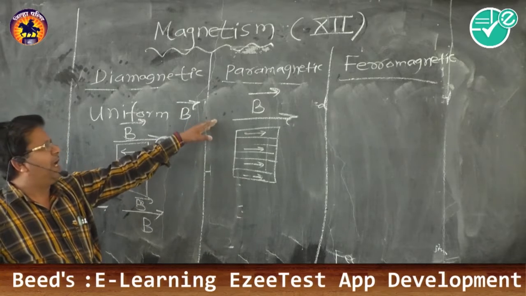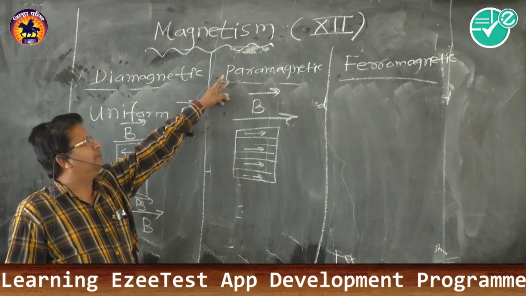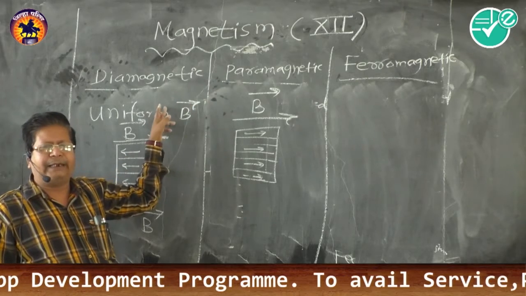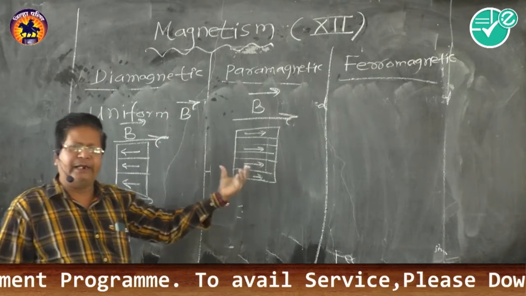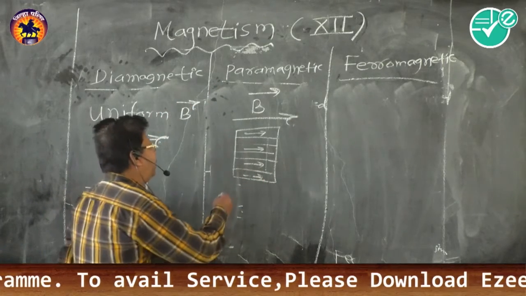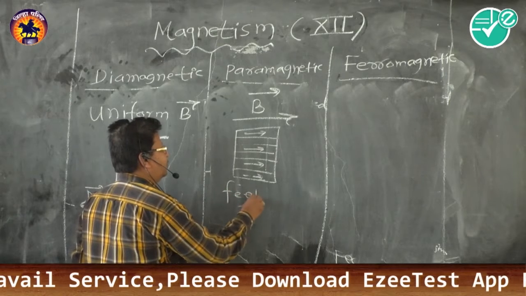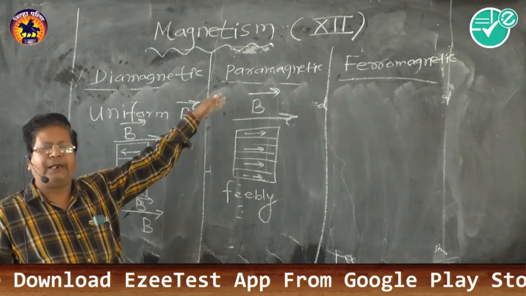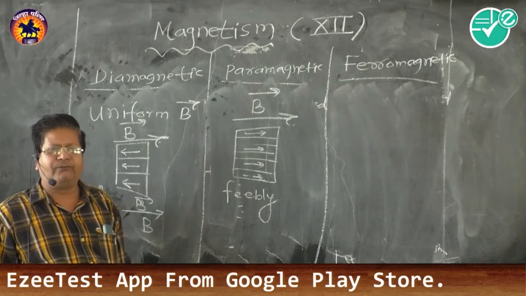That means if a paramagnetic substance is placed in a uniform external magnetic field, it gets feebly magnetized in the direction of the applied external magnetic field.